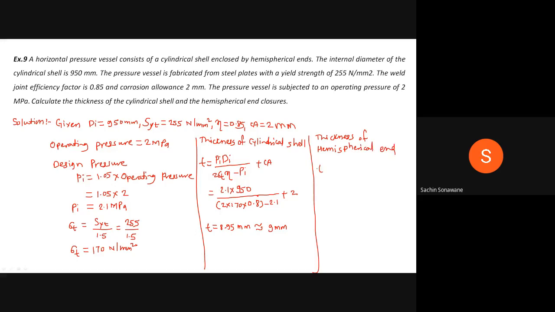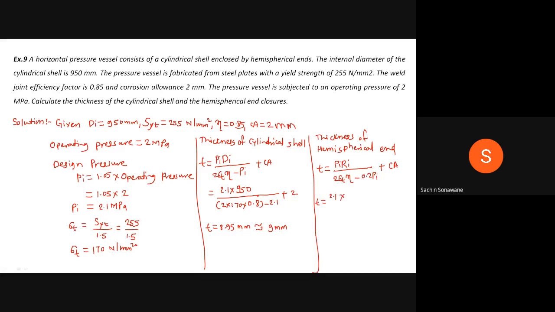T is equal to, write down the formula for the hemispherical end: Pi into Ri divided by 2 sigma t into efficiency minus 0.2 Pi, plus corrosion allowance. Therefore, T is equal to Pi means 2.1.